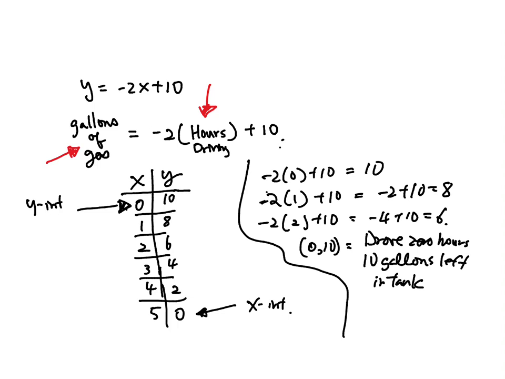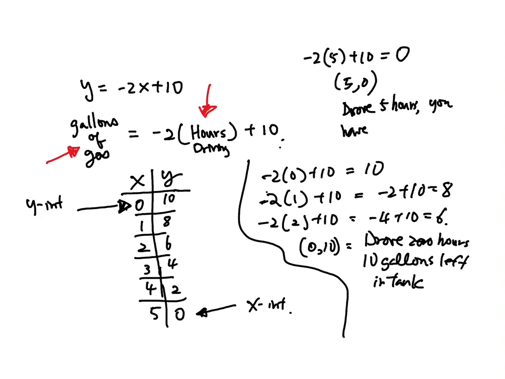If you are looking for the x-intercept, you have -2 times 5 plus 10 equals 0. So this says if you drove 5 hours, you have no gas left.